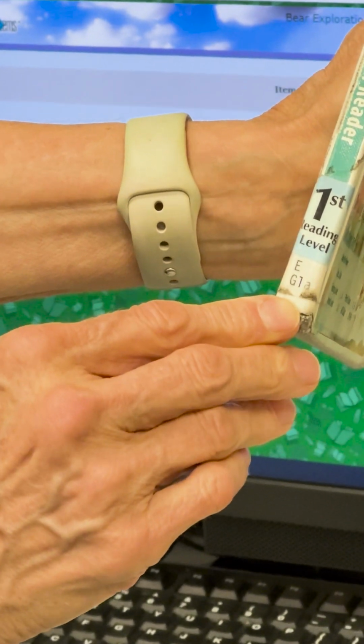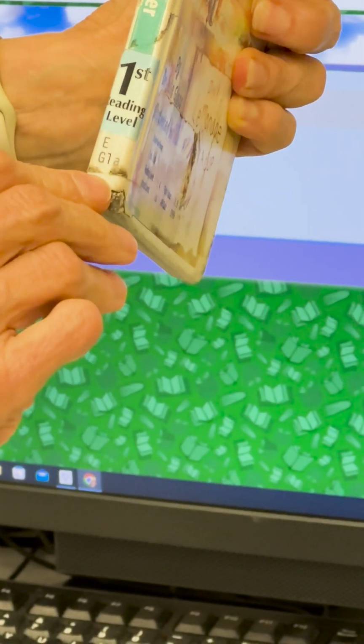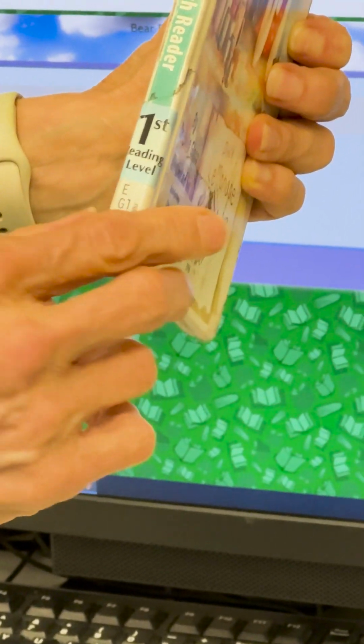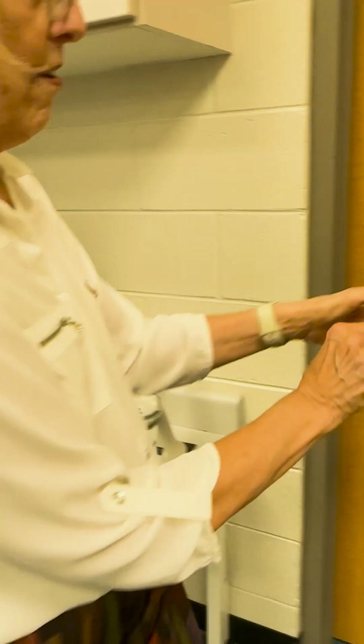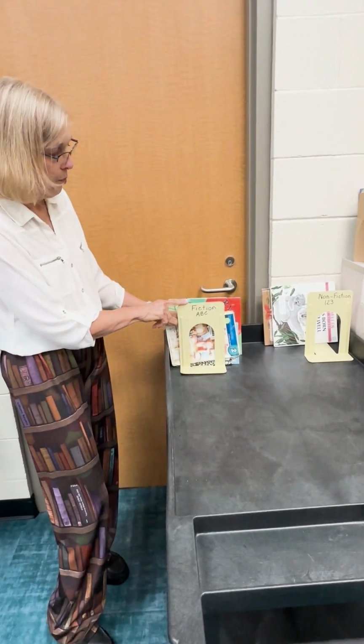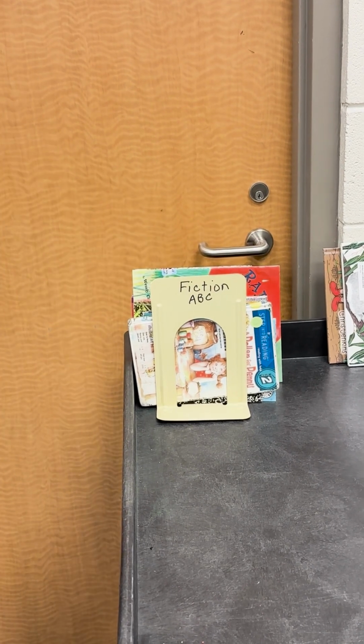Then after you finish that, you're going to look on the spine of your book and see if it is fiction or nonfiction. If it is fiction, it is going to have only letters. Then you're going to put it on the cart where it says fiction, and I put ABC there so you know it's only letters.